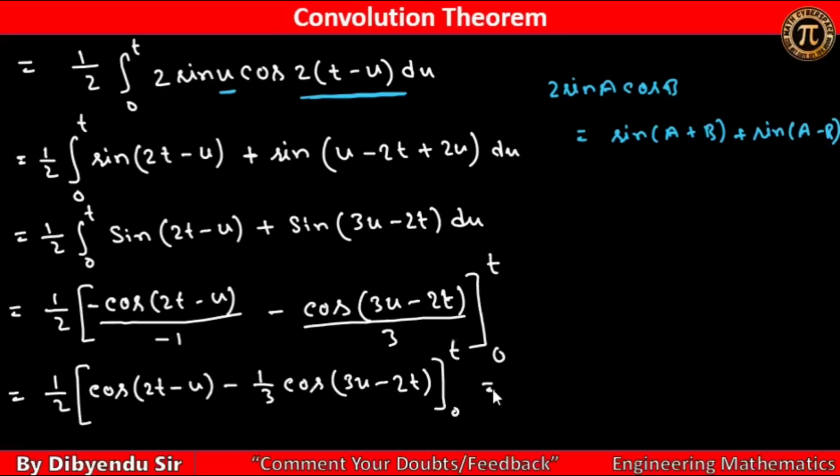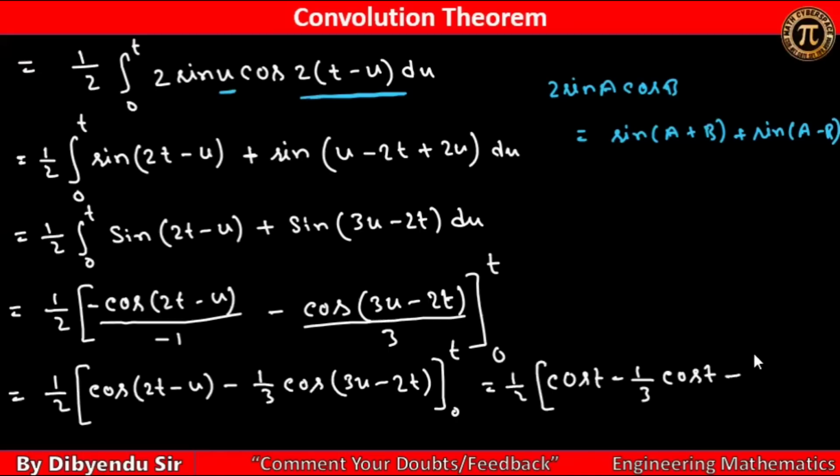Now put upper limit minus lower limit. So the upper limit is t. If you put the upper limit, this will be half into cos(2t minus t), that means cos t, minus 1 by 3 cos(3t minus 2t), that means 1 by 3 cos t. Okay, and minus the lower limit, that means you have to put u equals to 0.